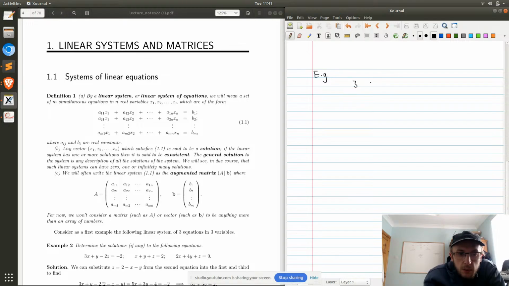So it goes 3, 1, minus 2, 1, 1, 1, 2, 4, 1, and then a bar, and then negative 2, 2, 0, and brackets. So we have to find a solution to this.